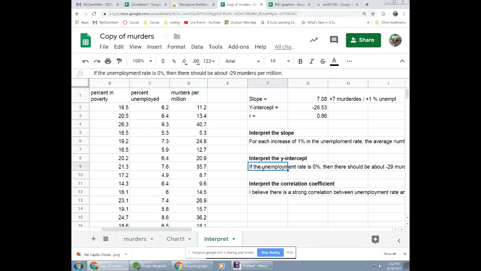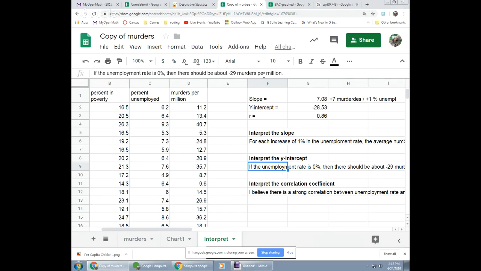You could interpret the y-intercept here, and that would be if the unemployment rate is 0%, then there should be about negative 29 murders per million. In this case, I wouldn't, slope is an increase or decrease. The y-intercept is not, it's a static point. So that doesn't mean a drop of 29 murders per million. That actually means negative 29 murders, which doesn't make any sense.